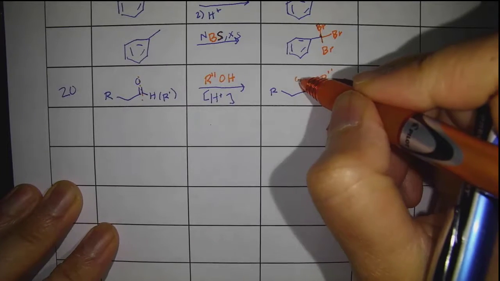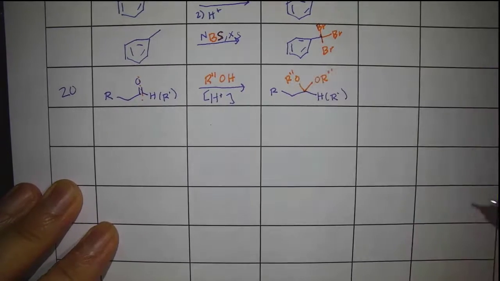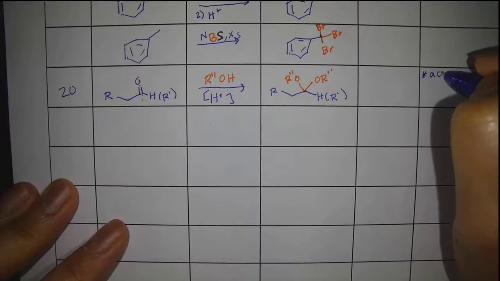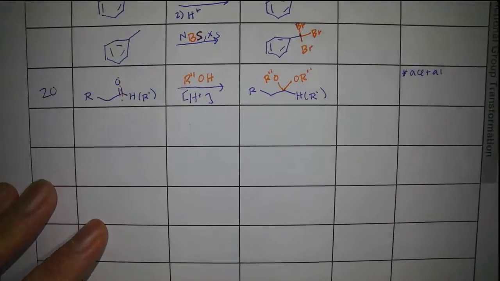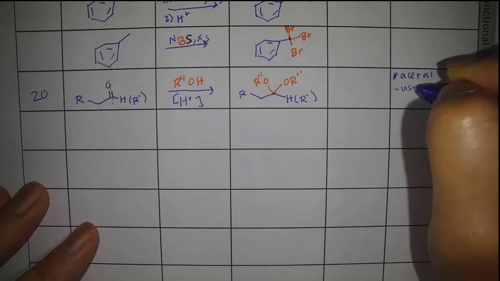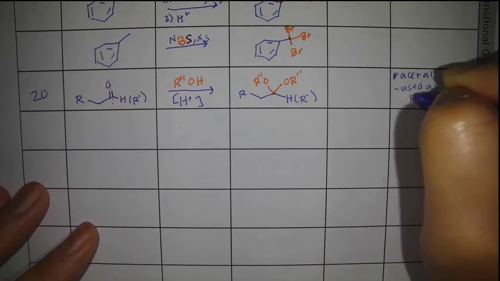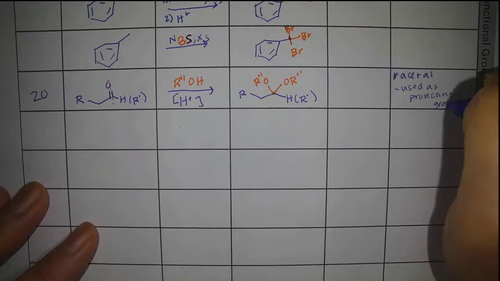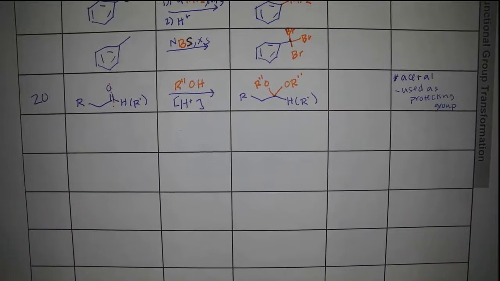And then you're going to add an OR double prime from the alcohol to each side of that. This is an acetal, and this is used as a protecting group. You can only use acetals on aldehydes and ketones, so this will not work on a carboxylic acid or an ester.